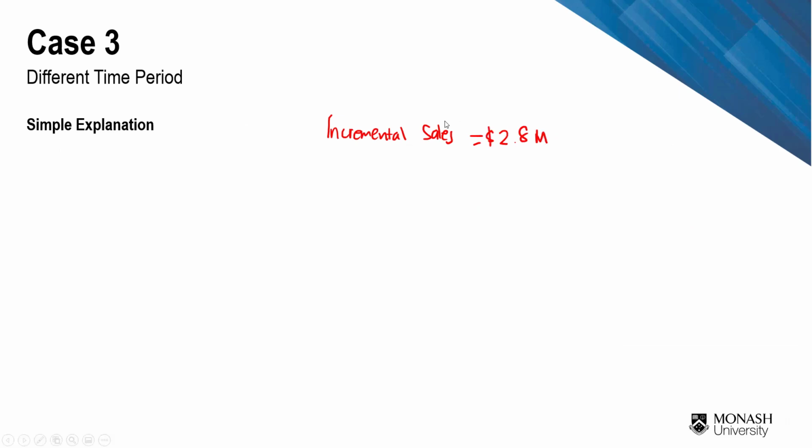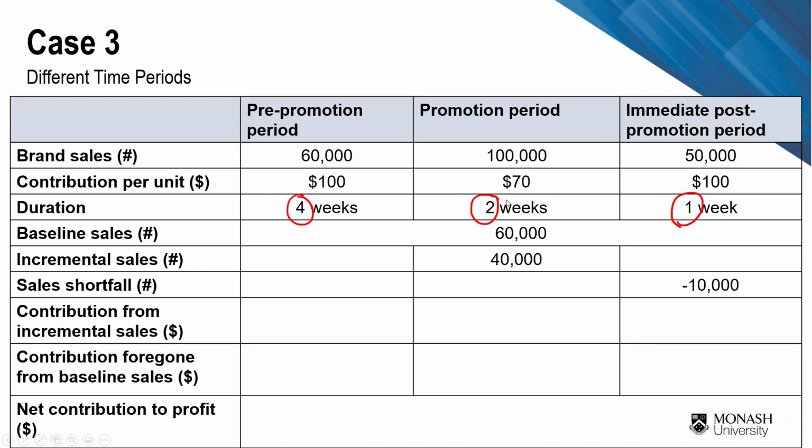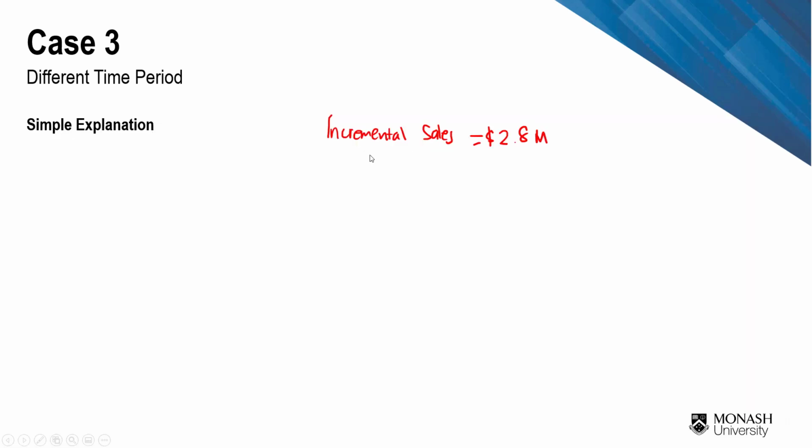But this actually lasts for 2 weeks, so we times it by 2. This will give me 5.6 million. So that's the first one, which is our incremental sales.